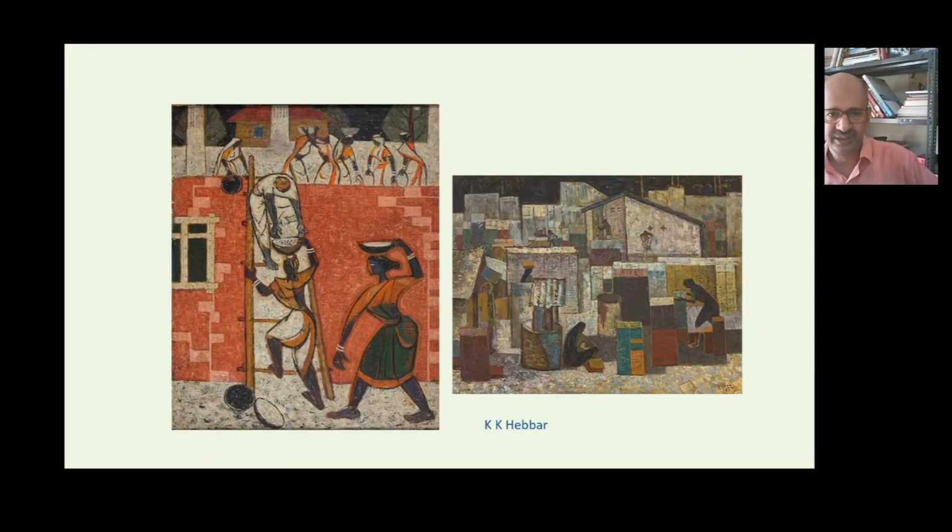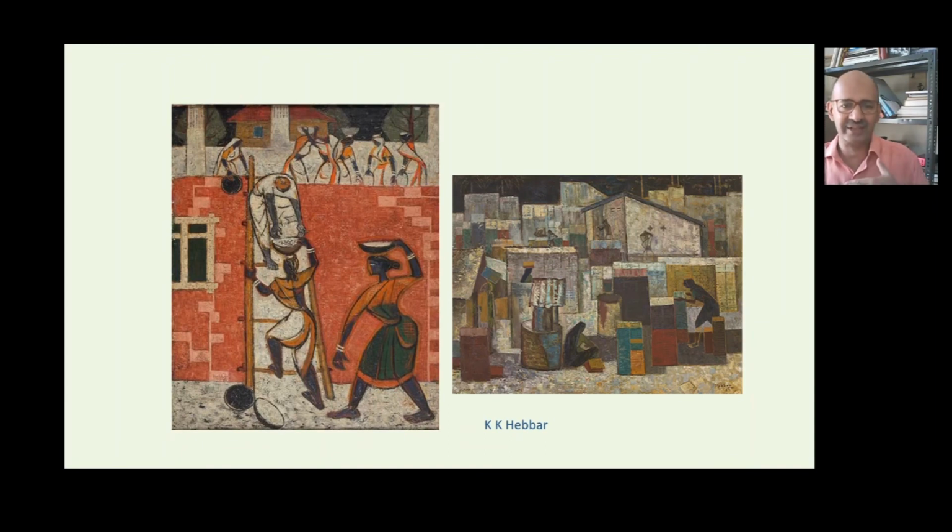K.K. Hebbar paints directly certain themes that he observes in the new India. Particularly, we must remember that the new, independent India was very busy with constructions, constructing buildings, offices, housing, and a city, not one, many cities were getting rebuilt.